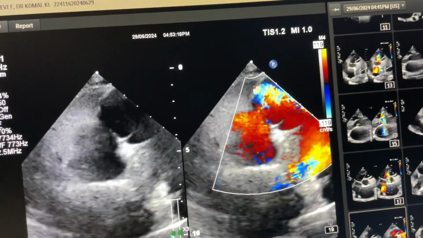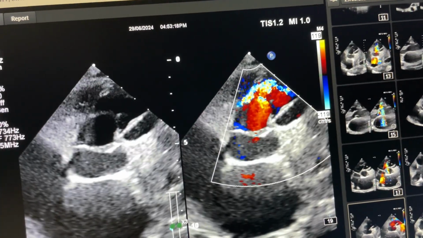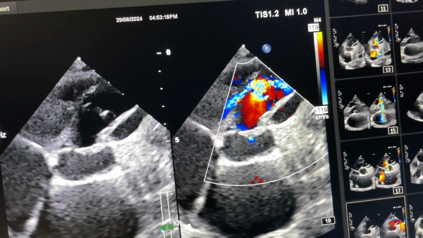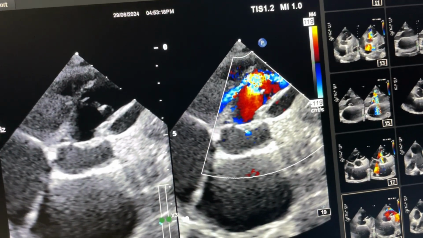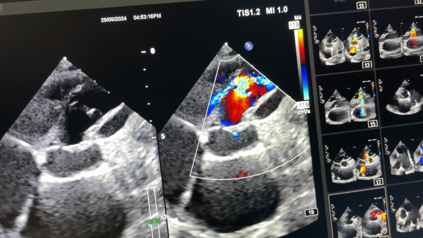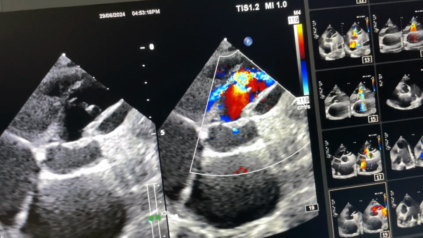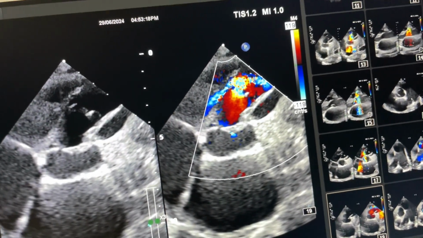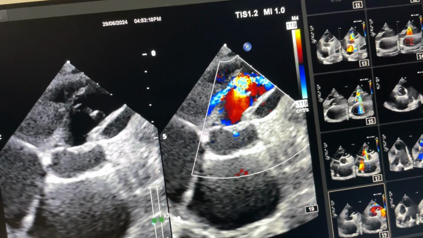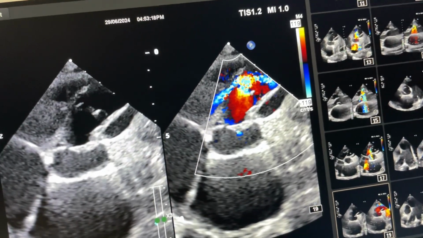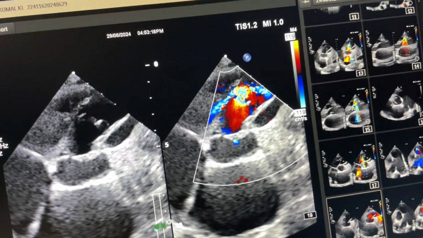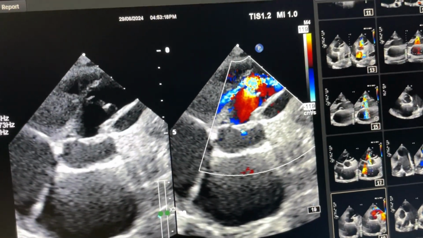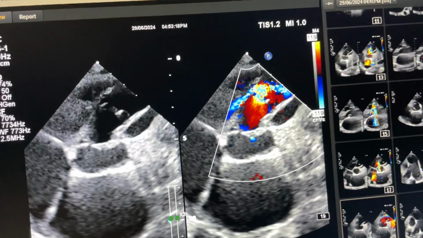Now you see, this is the portion where the rupture has happened and blood is going very fast into the right ventricular outlet. It is also going a little bit into the right ventricular inlet portion, and it is also going into the pulmonary artery. Because blood is going in at very high pressure, you can see the continuous flow across the leakage portion, across the rupture portion.